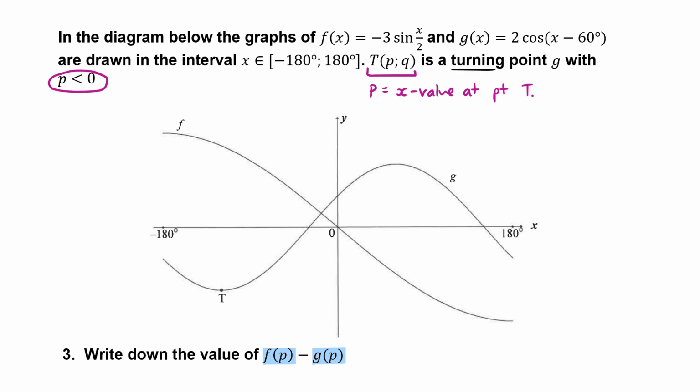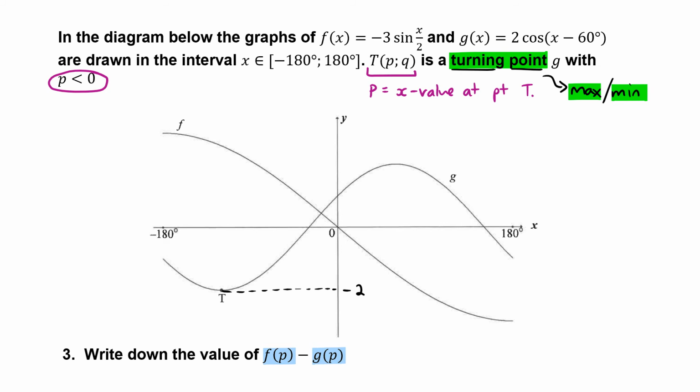Now, it should be quite easy for us to actually tell because we already know that t is a turning point, and turning point is a synonym for when we have a maximum or a minimum. So anytime you see the words turning point or maximum and minimum, we're referring to the same thing in a sense. And so the minimum, which we calculated in the previous question, if we went across over there, would actually be negative 2.